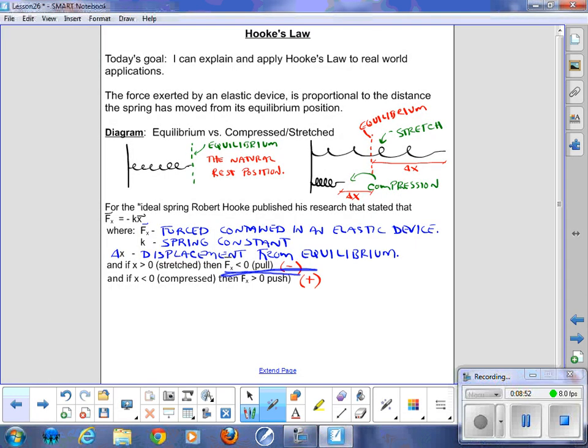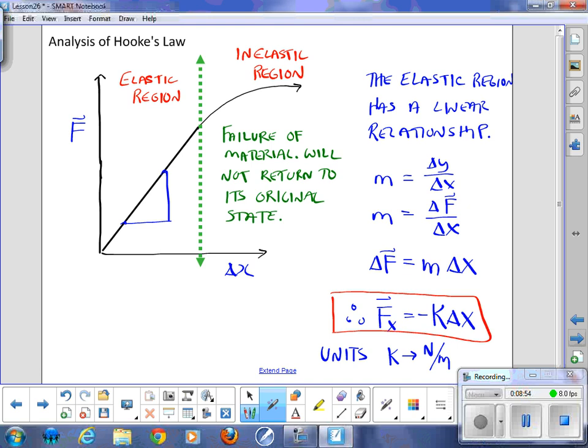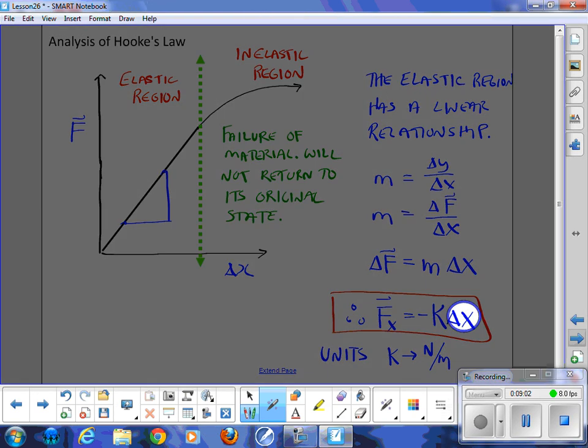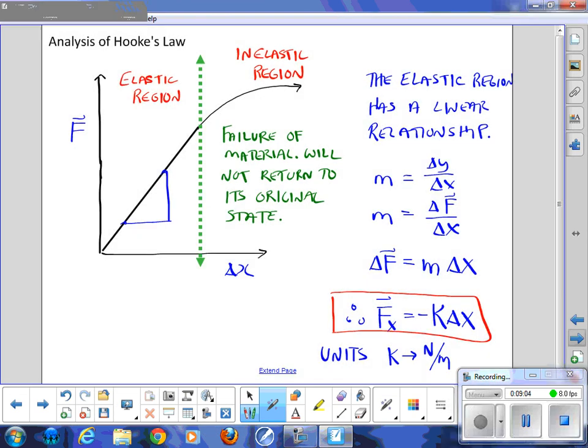So he's just aligning, or maybe we align it based on his formula. That's why that is a negative k delta x. If it's a compression, delta x would be a negative value, which would make it a positive force, so you know it's a compression. So that is where those positives and negatives play a role here.